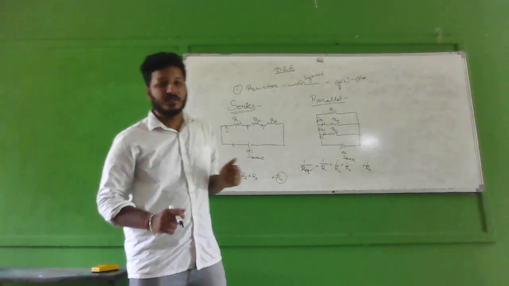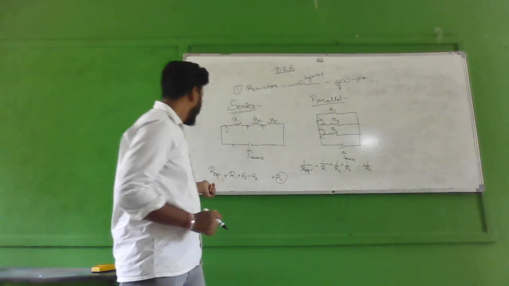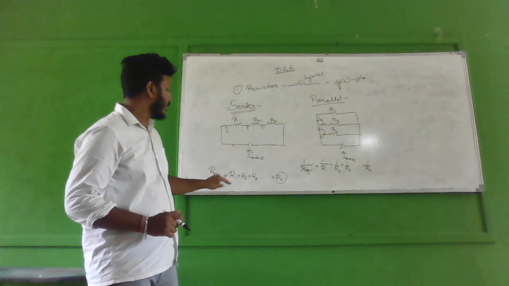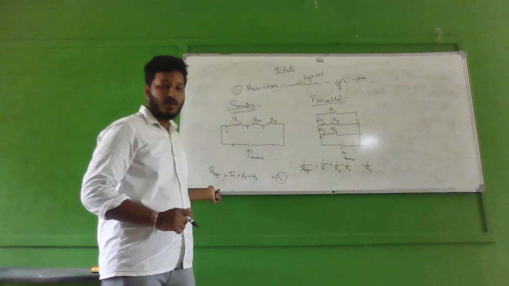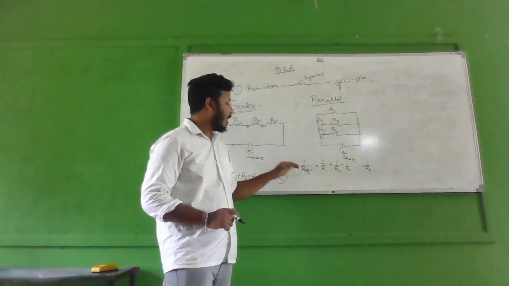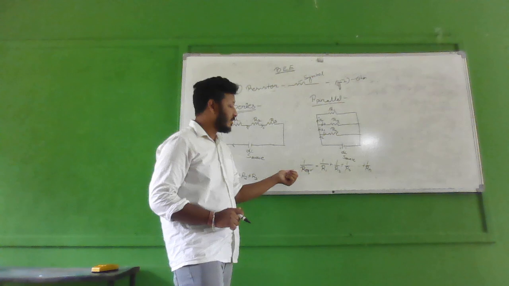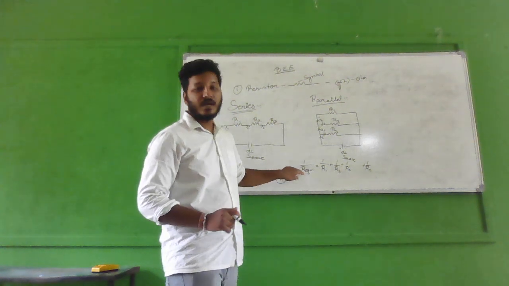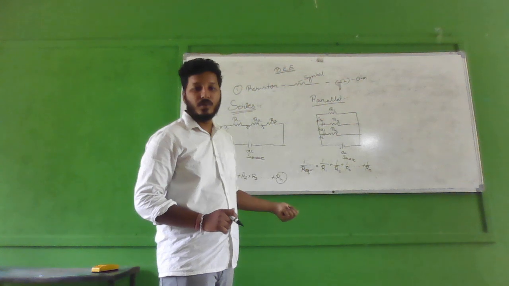Here, one thing students see: in the series connection, we get R equivalent directly as R1 plus R2 plus R3, but in parallel connection we get 1 by R equivalent. So we do not get R equivalent directly.